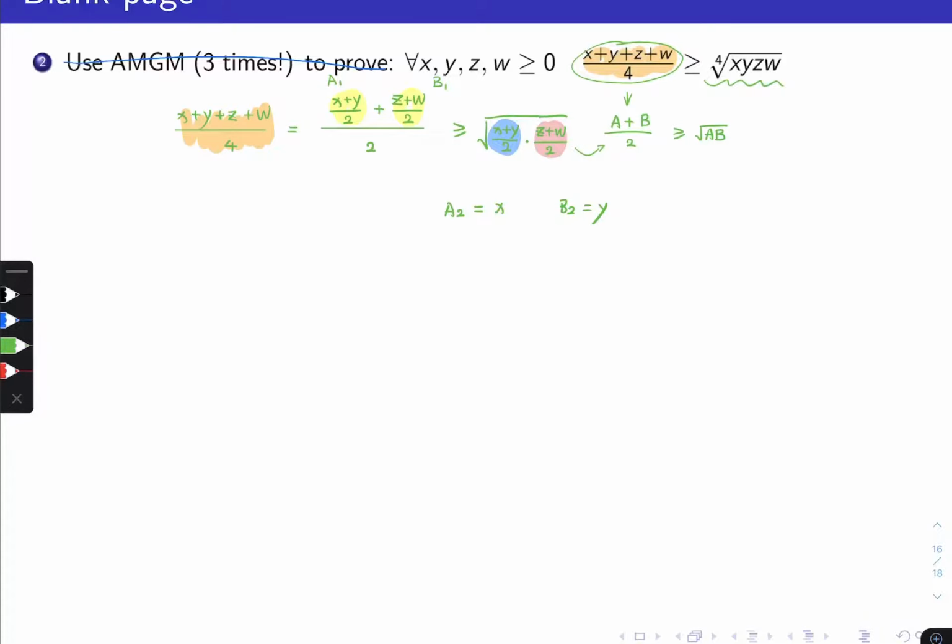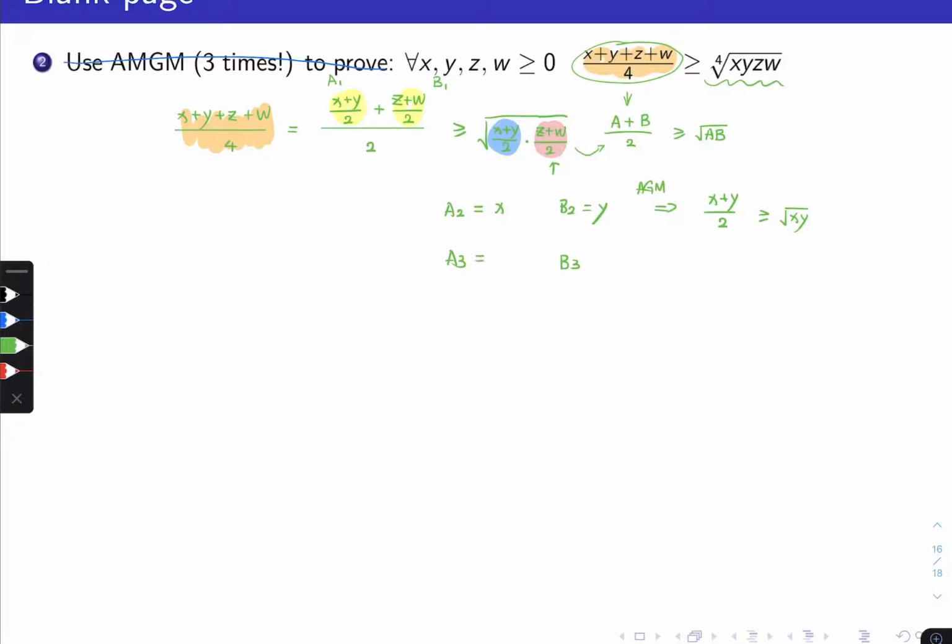So by this, okay, AGM, let's use it again. This will give us (x plus y) over 2 is greater than or equal to the square root of xy. My third set of A and B are this term. Okay, so my A3 and B3 are coming from this red term.